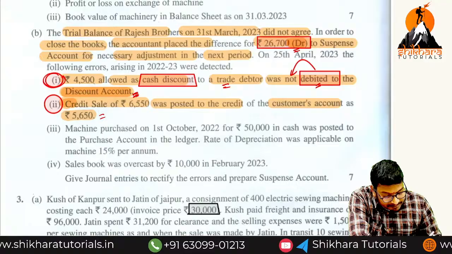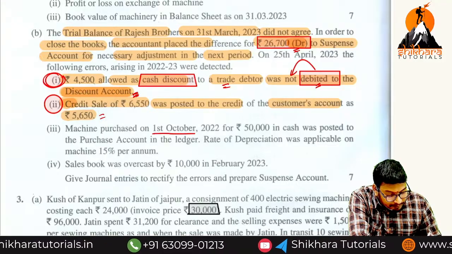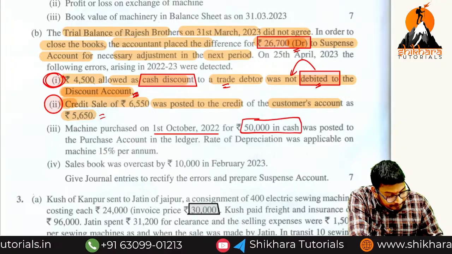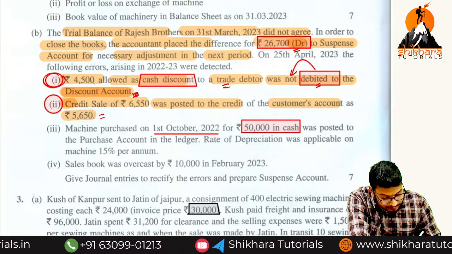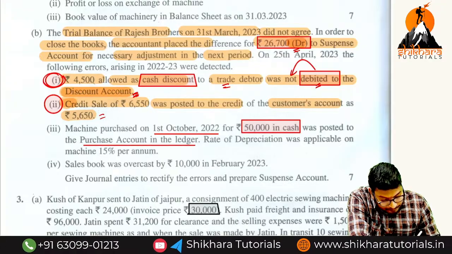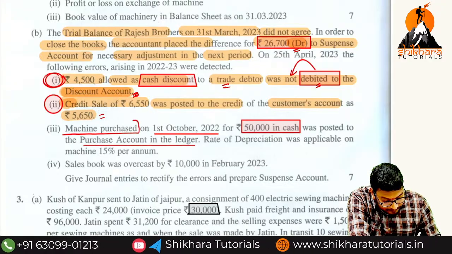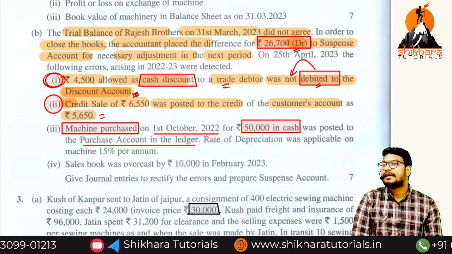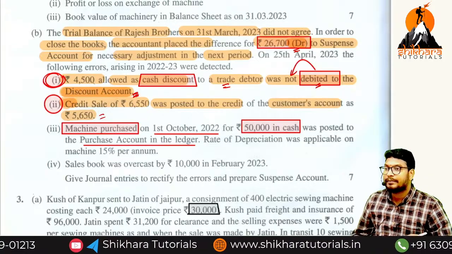Next one. A machine purchased on 1st October 2022 for rupees 50,000 in cash was posted to the purchase account in the ledger. We have purchased a machine. If we purchase the machine, the entry is machine account debited to cash account or bank account.